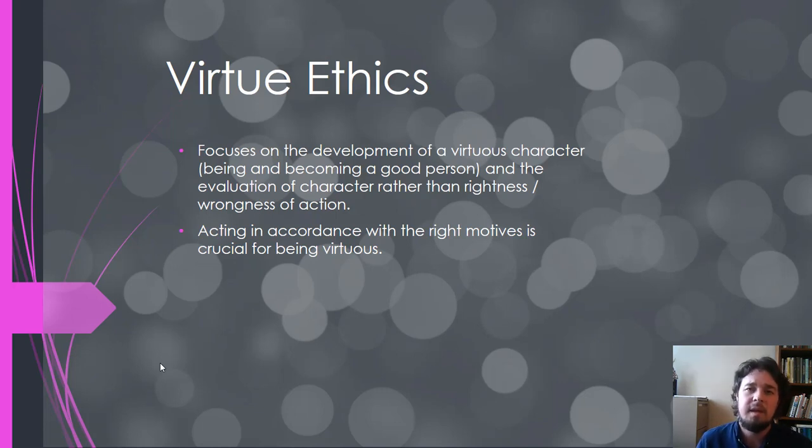It does this by investigating the nature of virtue, which includes how we develop virtue. When it comes to actions, virtue ethics will say that acting in accordance with the right motives is crucial to being virtuous. So virtue ethics is more about how ought I be rather than what ought I do.